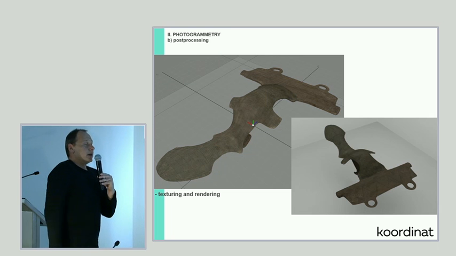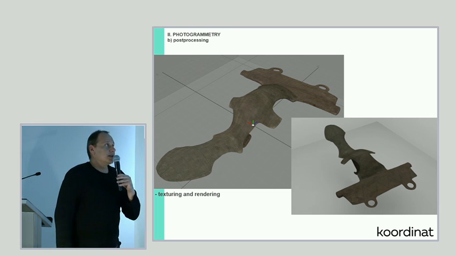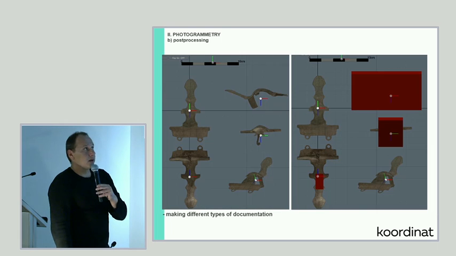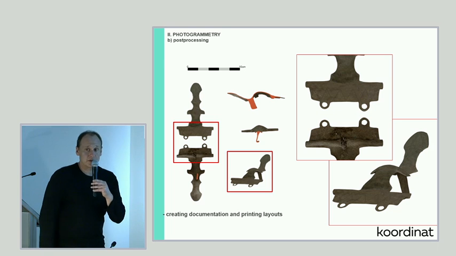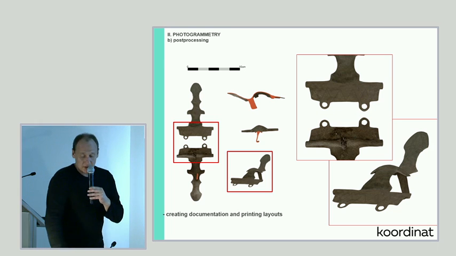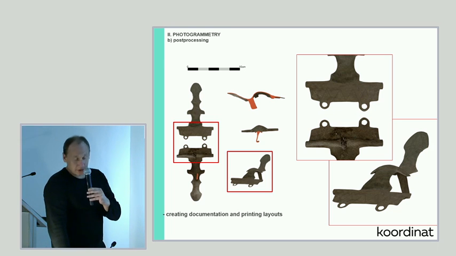And this kind of retopologized data can be easily texturized, rendered, projected, and used to create basic documentation with enough accuracy for everyday archaeological use. This is, of course, an example of the brooch from the Roman period, actually 3rd century AD.